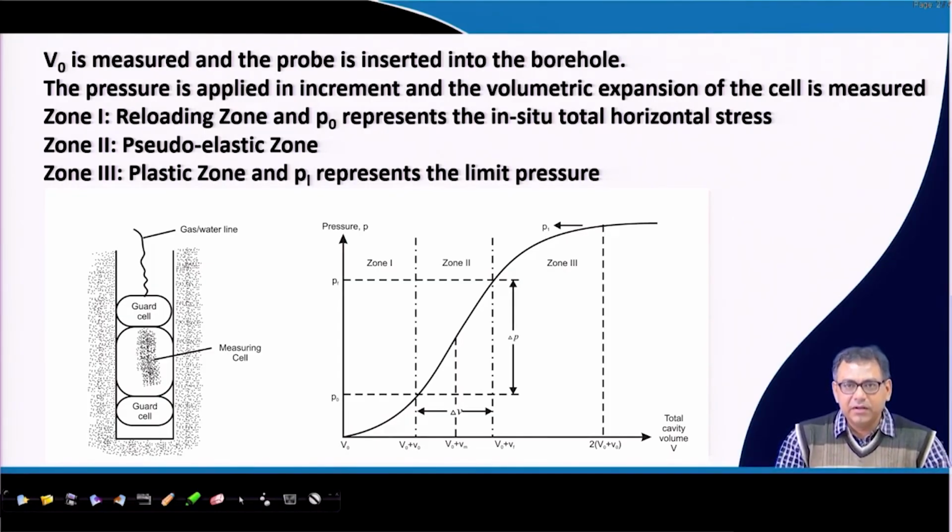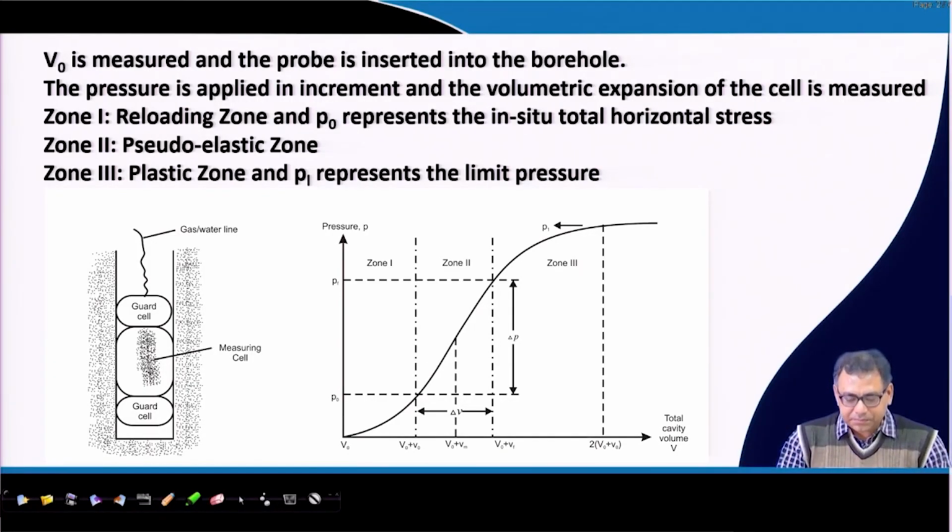This is not the actual condition, because the soil has been disturbed and some deformation of the soil has taken place inside the borehole, towards the borehole center.